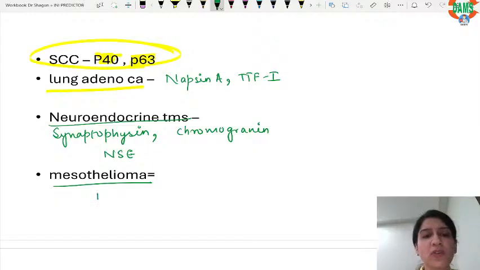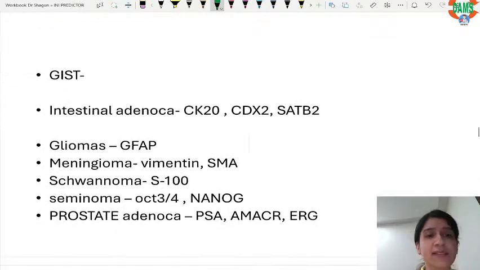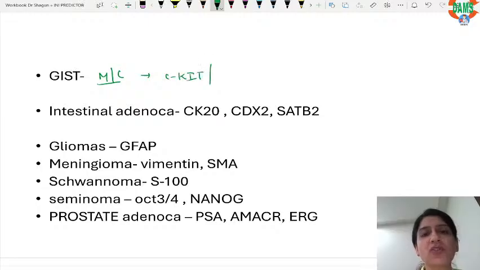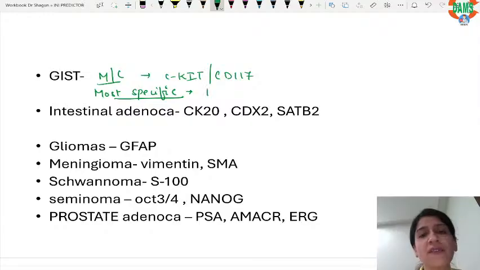For mesothelioma, BAP1 positive and calretinin positive. Important IHC markers for mesothelioma. For GIST, the most common IHC marker is SICKIT, which is also called CD117. But if I am being asked the most specific marker for GIST, that is going to be DOG1 positive.